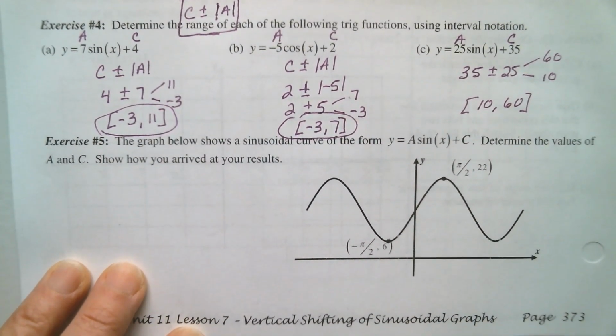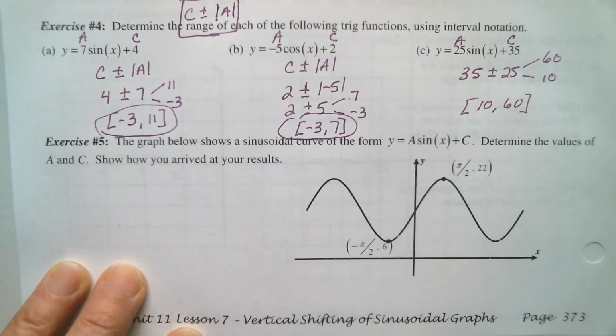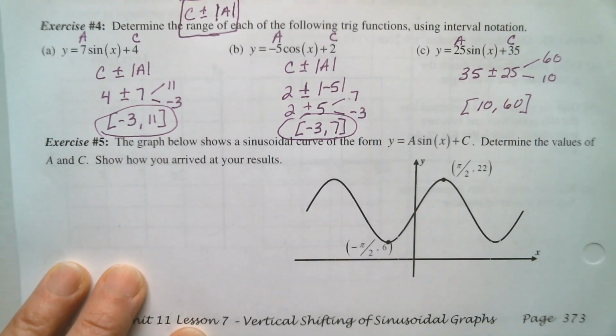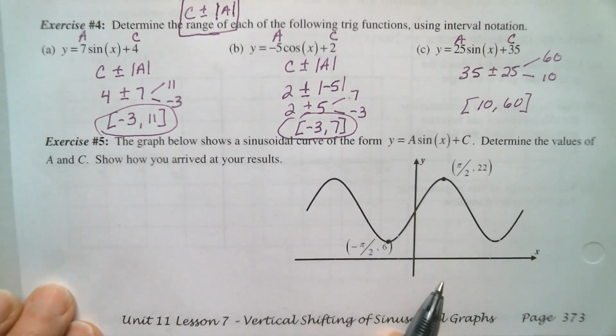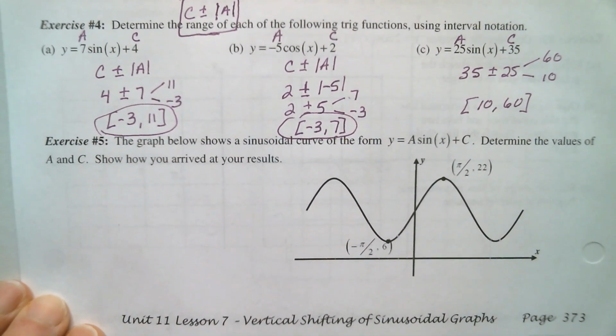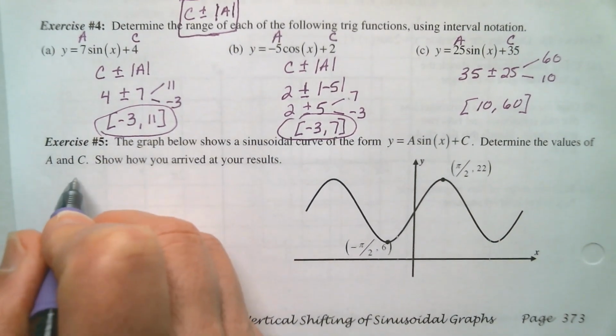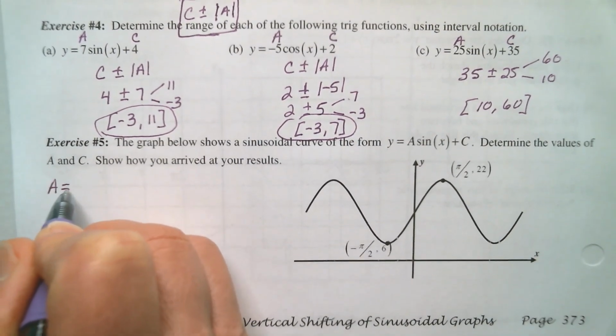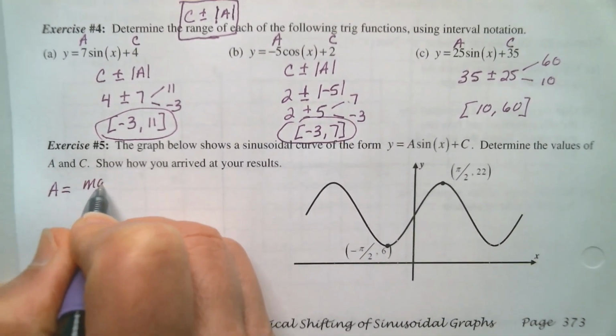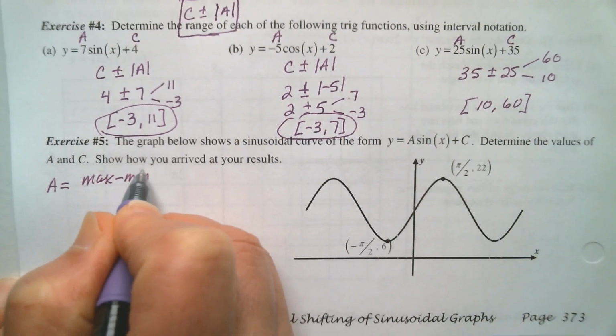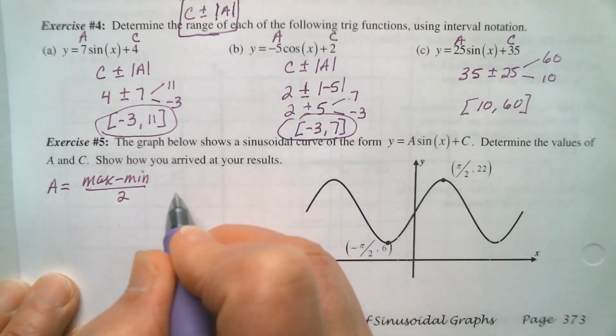Exercise number 5, the graph below shows a sinusoidal curve of the form y equals a sine x plus c. Determine the values of a and c. Show how you arrived at your results. Formulas you have to know. A is equal to the max minus the min divided by 2.